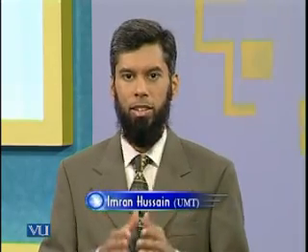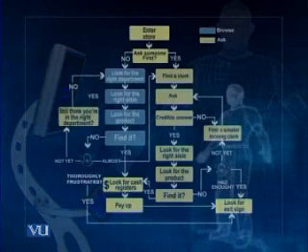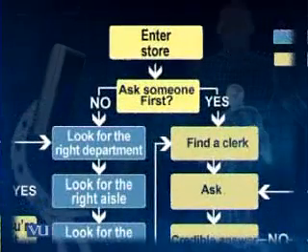ये कोई गारंटी नहीं है. हो सकता है आप पूछें, हो सकता है कि आप ना पूछें. This will depend upon a number of factors. क्या स्टाफ अवेलेबल है, क्या आपका पूछने का मूड है, क्या स्टाफ पोलाइट है, रिस्पॉन्सिव है, etc., etc. So if you decide to ask someone else, then we can look at a revised flowchart for this process.